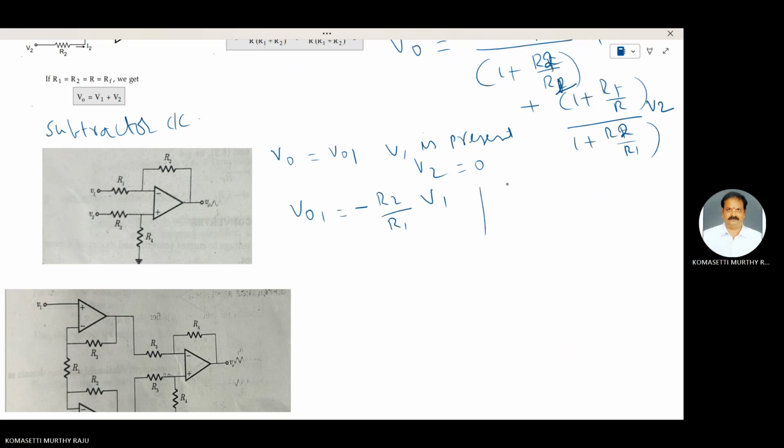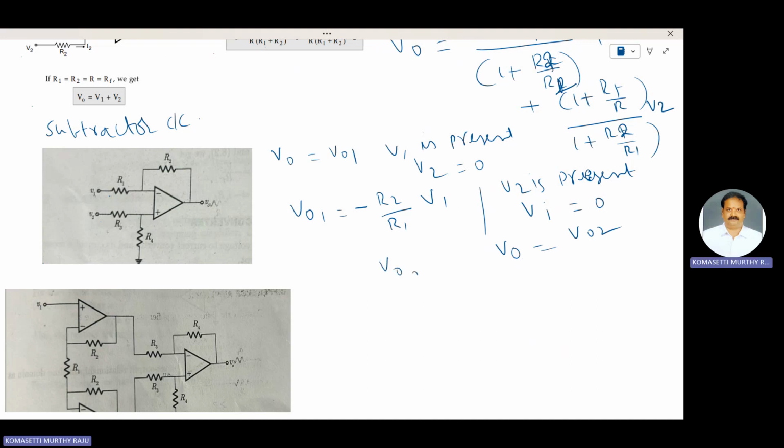Next, case 2. V2 is present. V1 is equal to 0. Therefore, V0 is equal to V02.